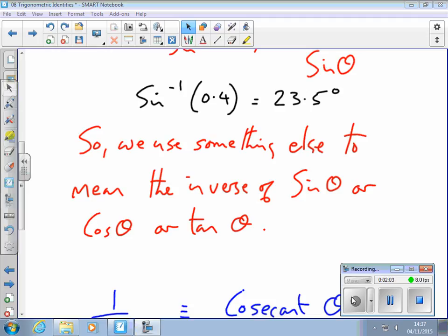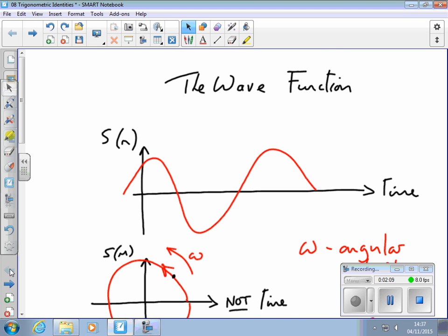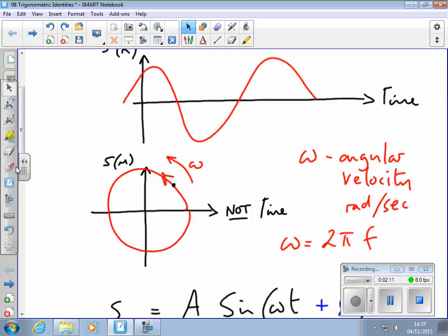Let's just think about that for a minute in terms of what we've already been talking about. If we look back at our wave function, the original one we had, your calculator works out what the angles are, this angle theta, assuming that this amplitude is 1. So it takes the standard circle with the unit amplitude. So this point here would be 1.